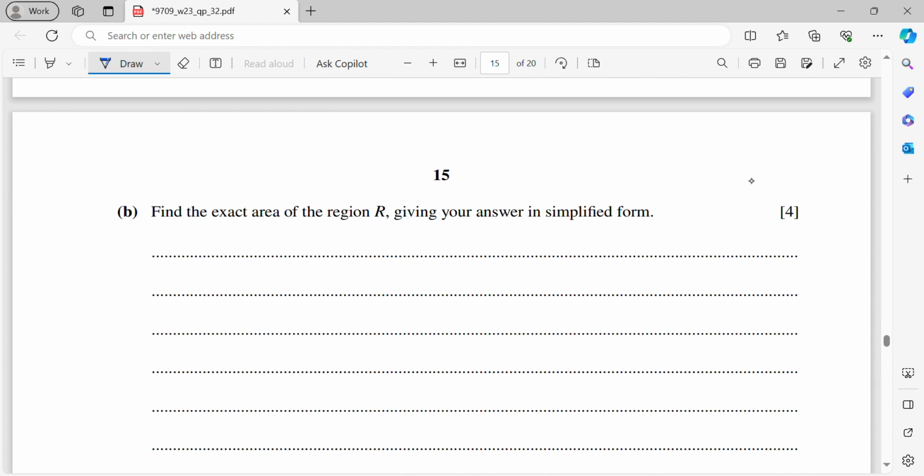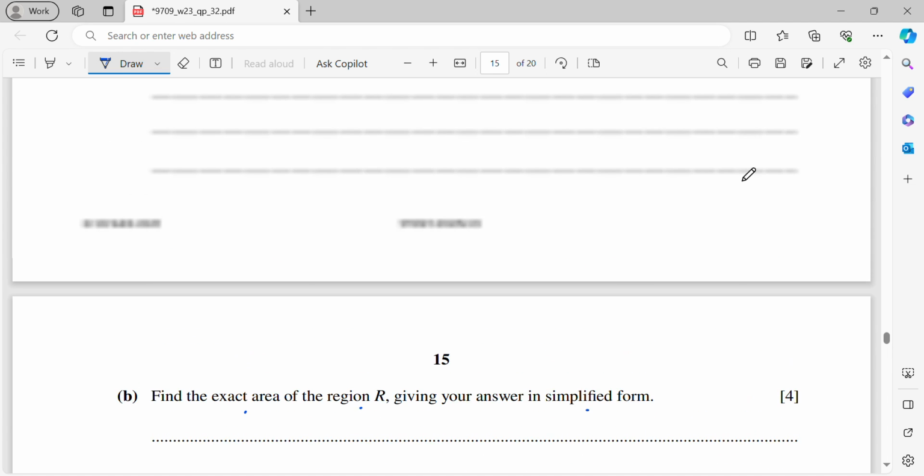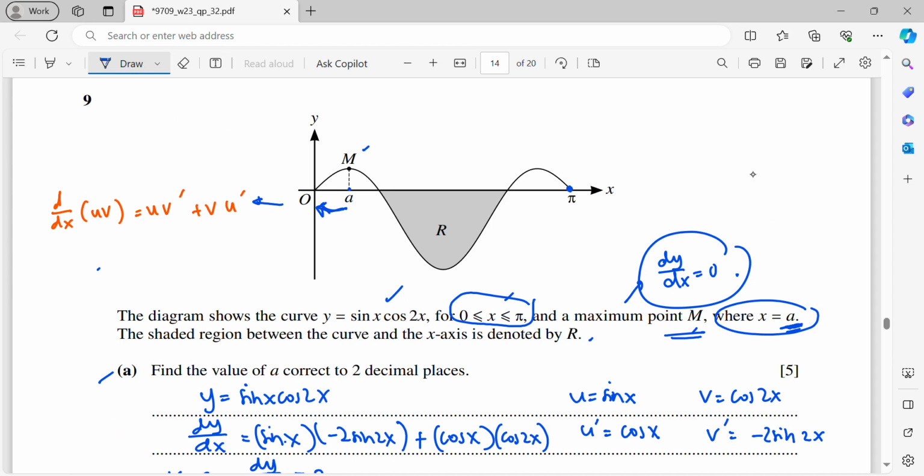Okay, b, find the exact area of the region R, giving your answer in the simplified form. So let's look at the region. For the R, I need to find these 2 points. These 2 points happen when the y equals to 0, which means I need to solve sine x cos 2x equals to 0 first.